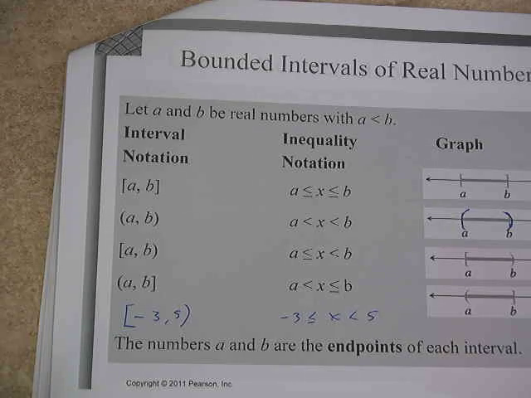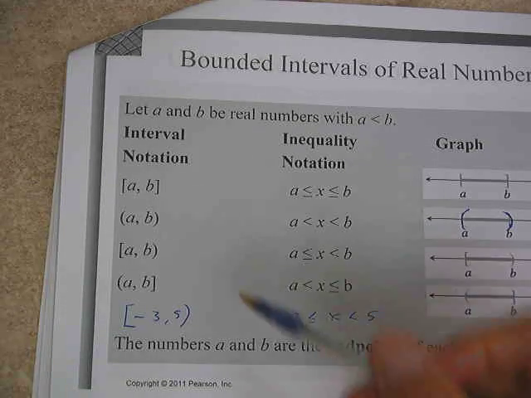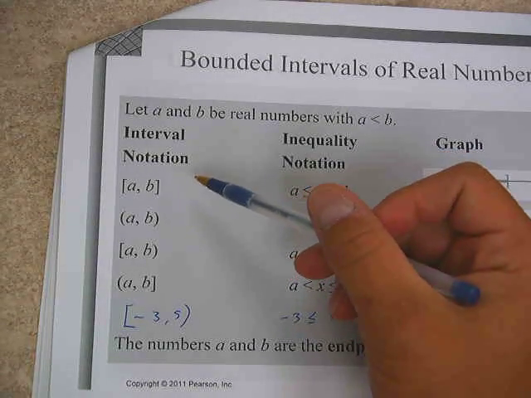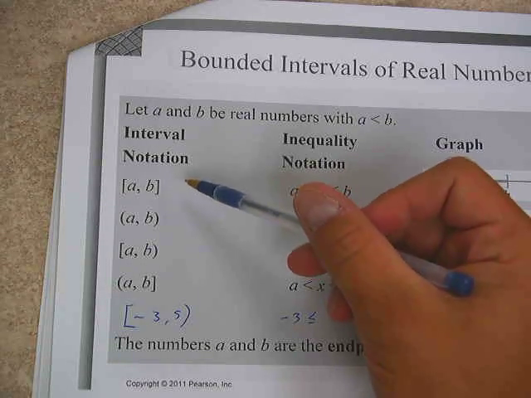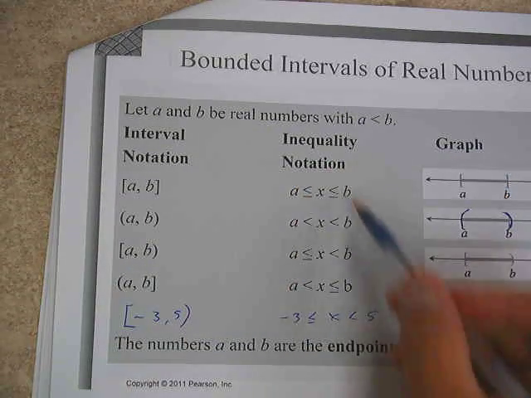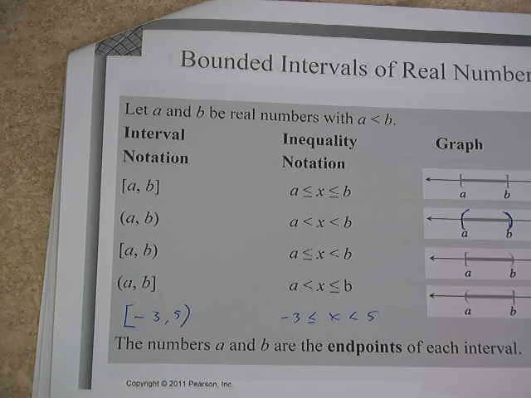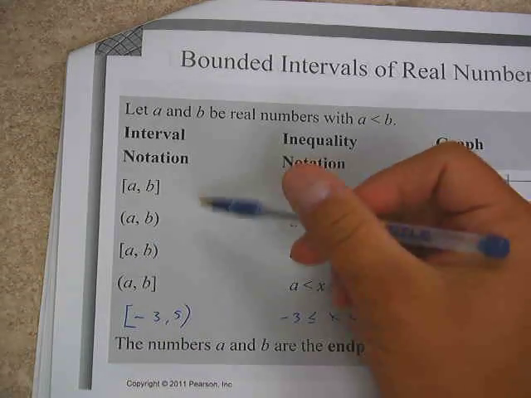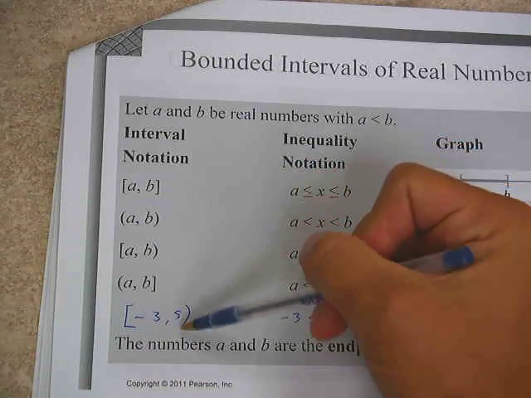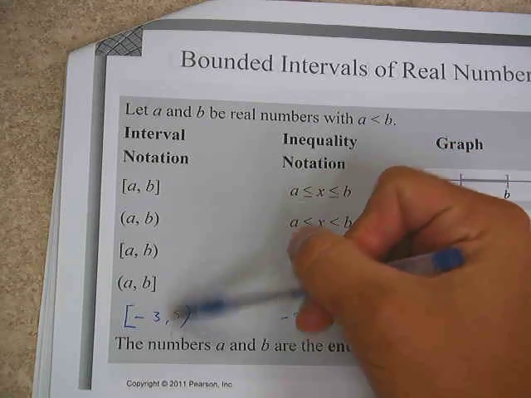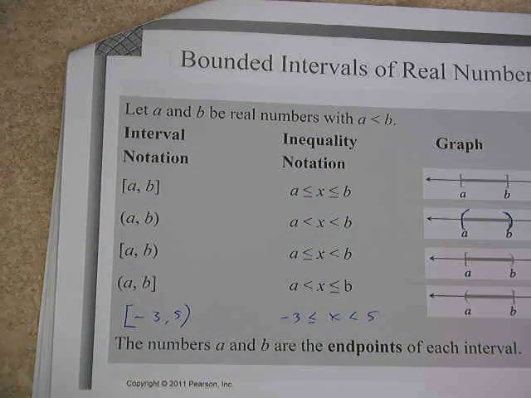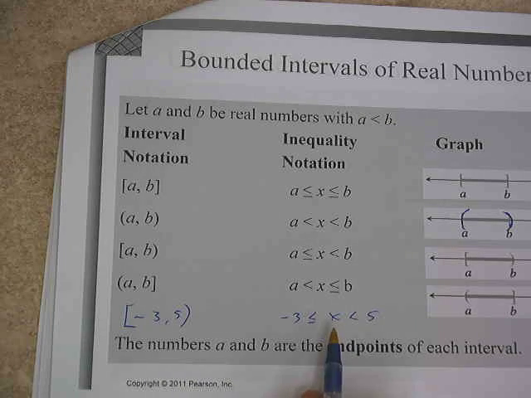The more compact way to write that without having to write the inequality symbols is simply to write negative 3 comma 5. And we have to be careful because it kind of looks like a point, from what we're used to. But when we give a solution in interval notation, we just write it in this manner, and ultimately that means the same thing as this. It means all the numbers between negative 3 and 5.